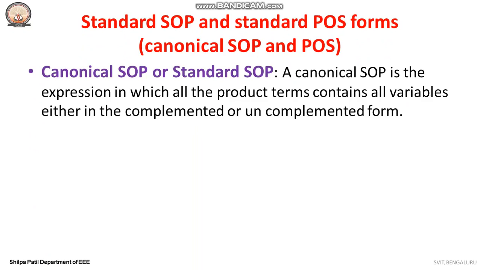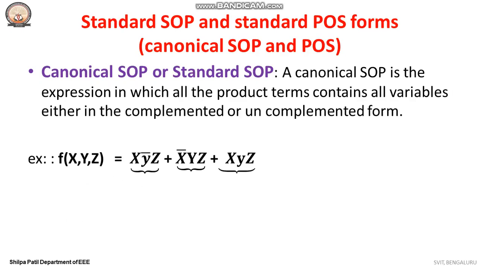How do we define the standard SOP? It is an expression in which all the product terms contain all the variables, either in complemented or uncomplemented form. We'll take an example here: f of xyz on the left hand side declares that the expression will have three variables, xyz, on the right hand side.